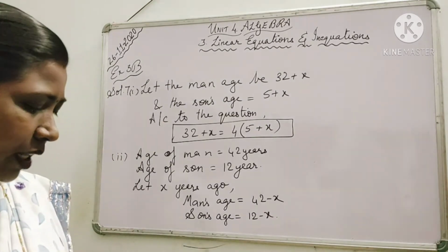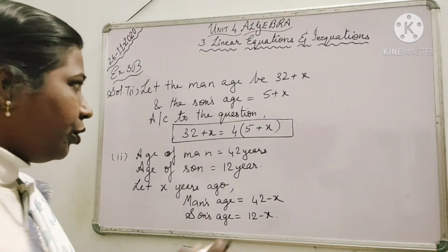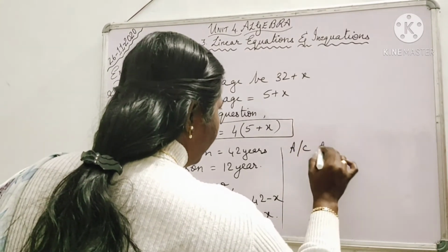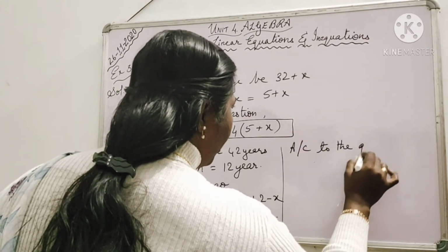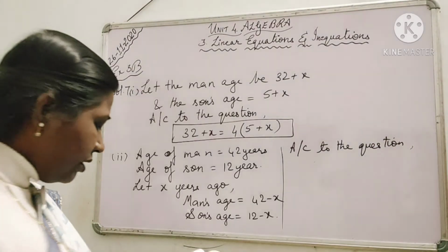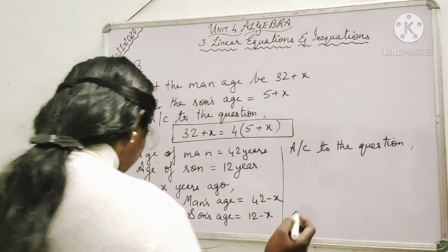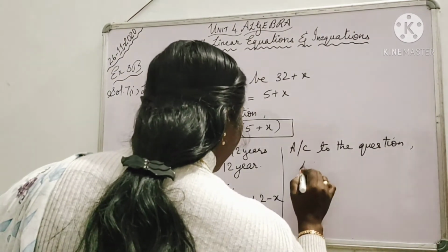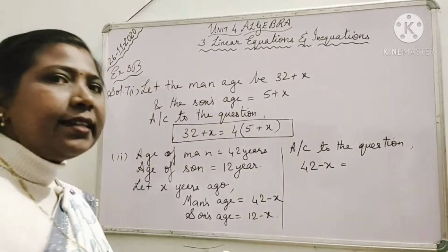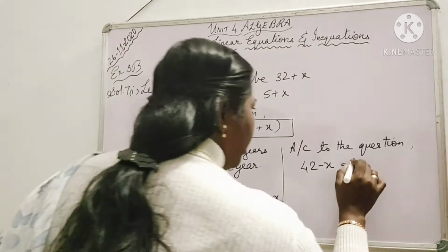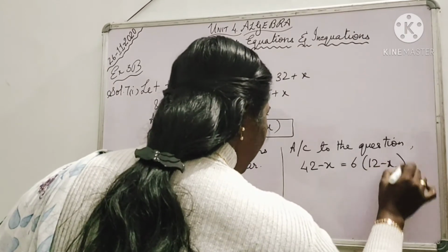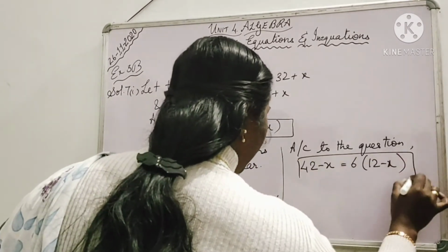According to the question, father's age is 6 times that of the son. Father's age, 42 minus x, is equal to 6 times that of the son, 6 times 12 minus x. This will be the equation.